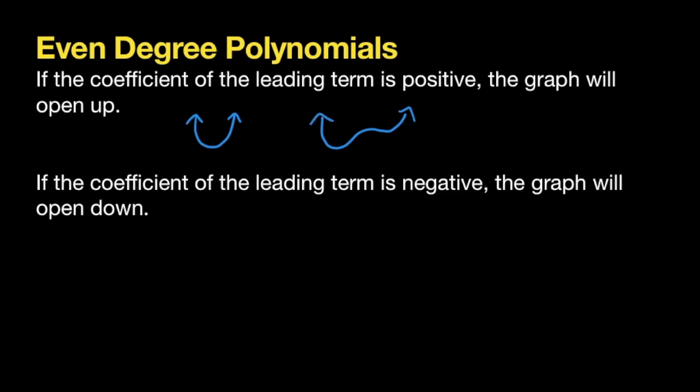But what matters is the endpoints are both going to be pointing up. If the coefficient is negative, and again, the degree is even, then we're going to have the opposite. It's going to be going down. So both endpoints are going to be going into negative infinity.